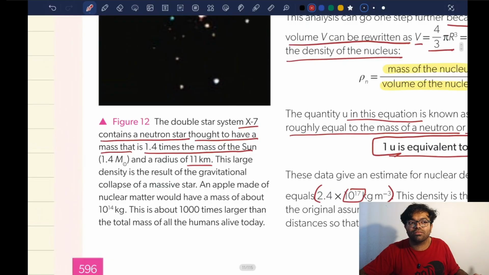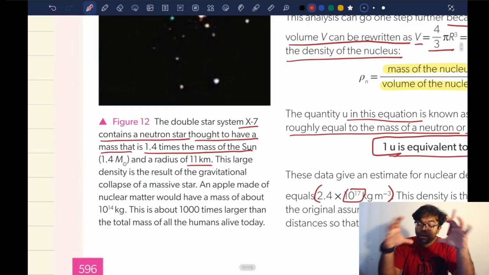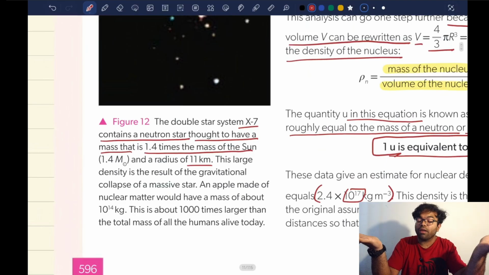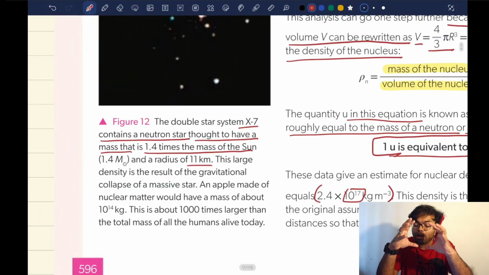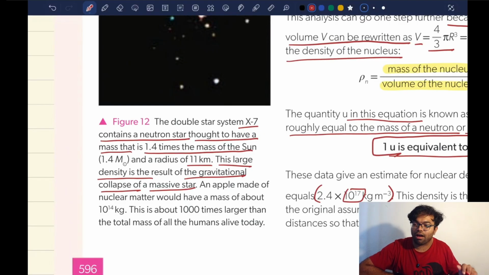It is just the distance from one part of Delhi to another part of Delhi. It's smaller than Delhi. The whole size of the sun crushed, with mass 1.4 times greater than the sun, into a very small ball. This large density is a result of the gravitational collapse of a massive star.